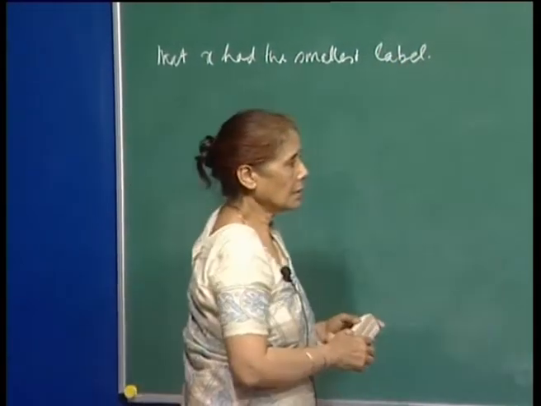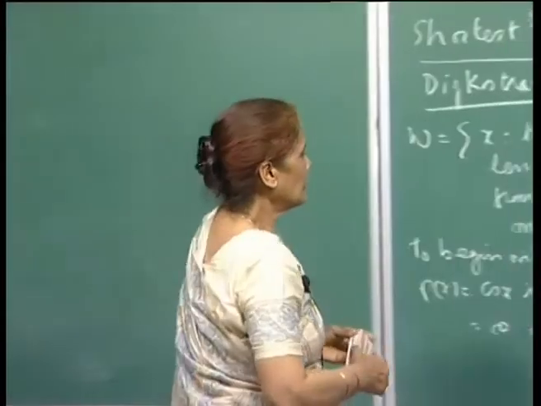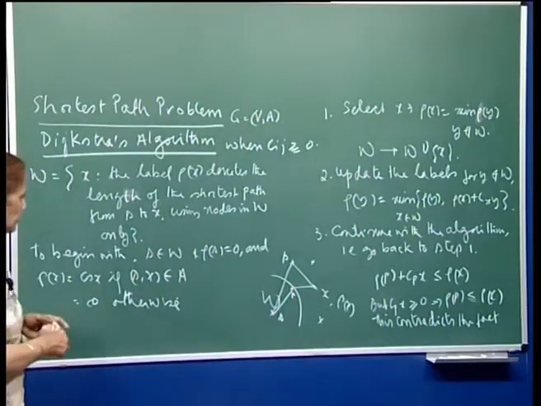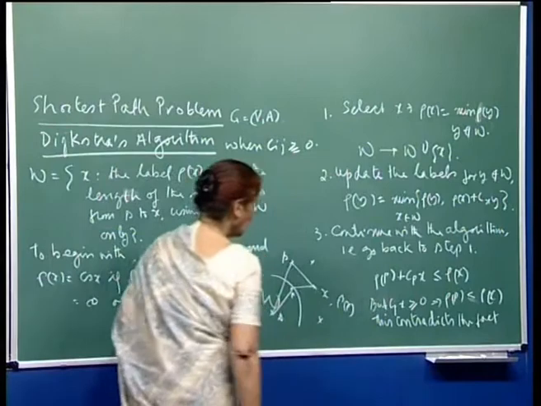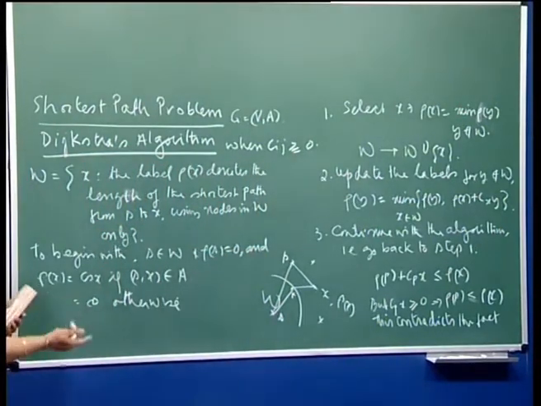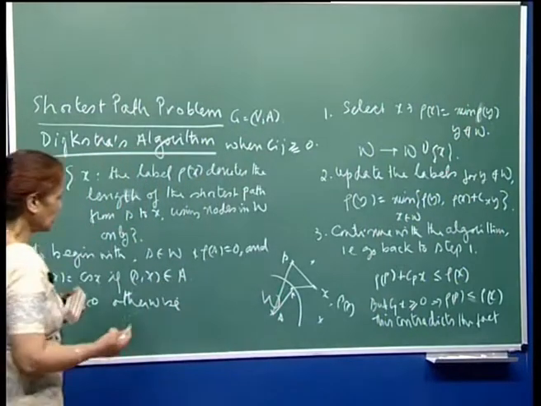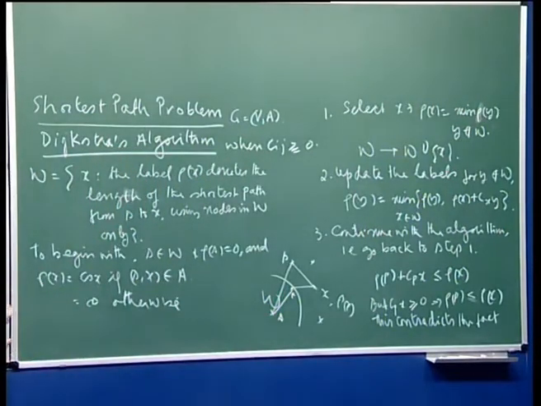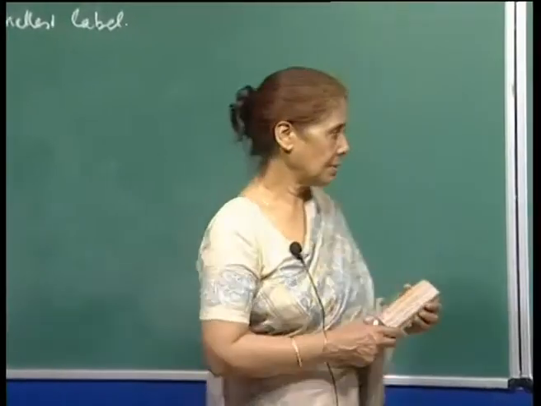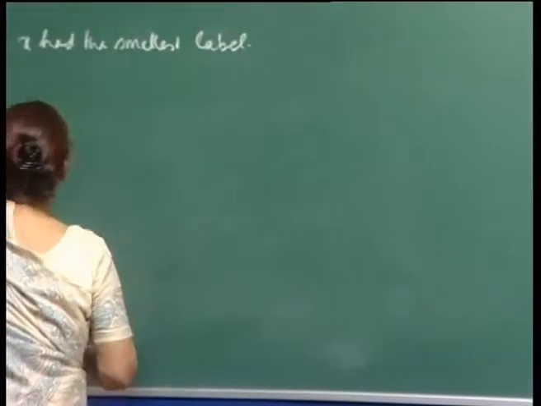Therefore rho X must represent the shortest distance from S to X by using nodes of W.